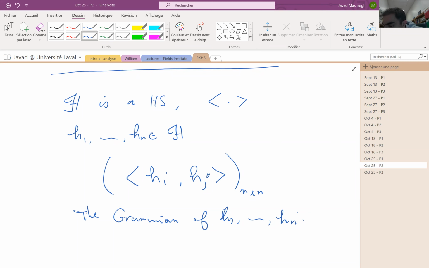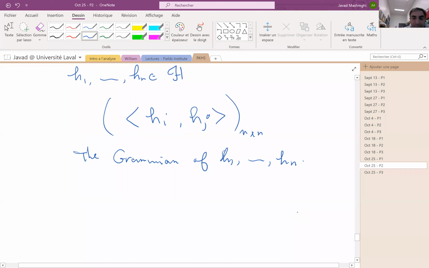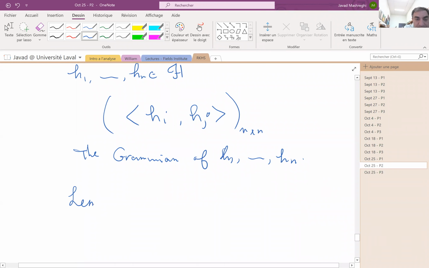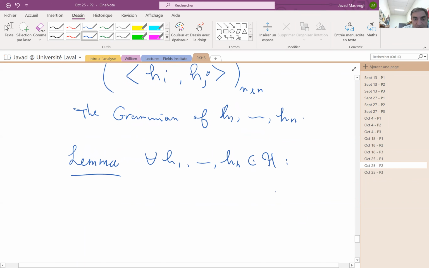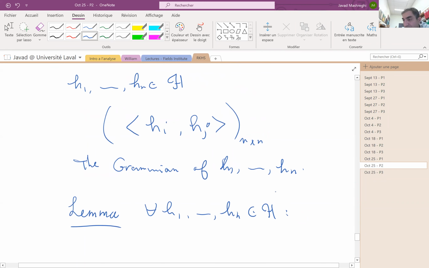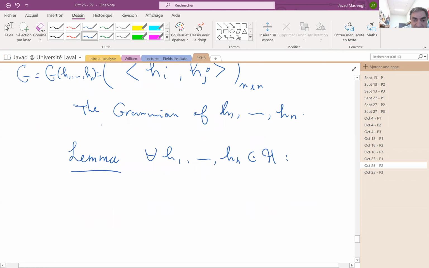And the simple lemma is that the Gramian is always positive. So lemma. For any H1 up to Hn, but let me give a notation to this. Let me call it G, or if I want to mention its elements, G of H1 up to Hn.